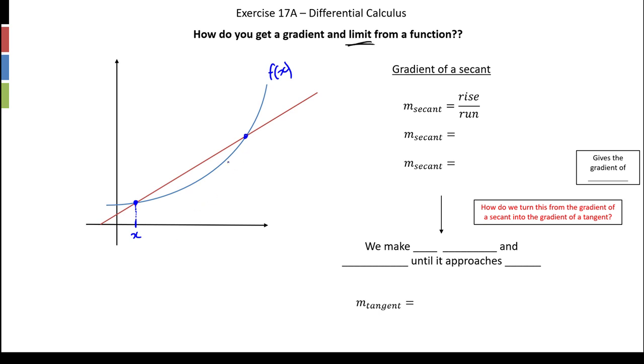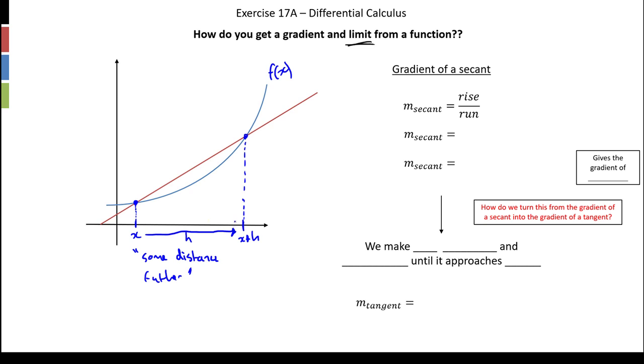And then they said the next point across will be some distance further this way, and they said that some distance is h. So this point is h distance greater than our original point x, so the coordinate is x plus h.